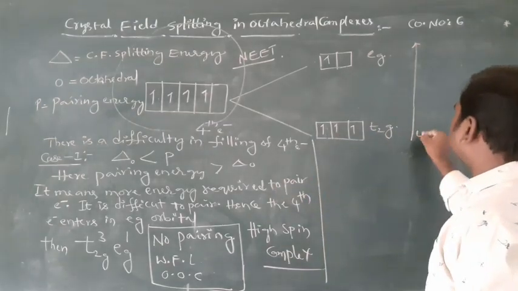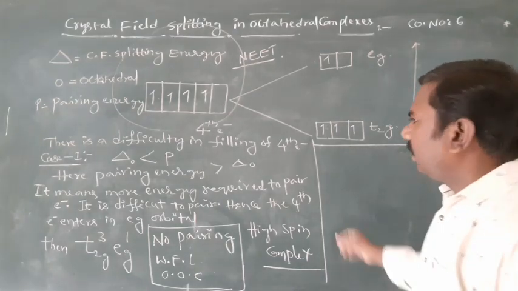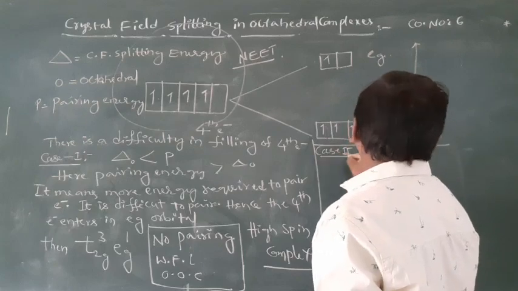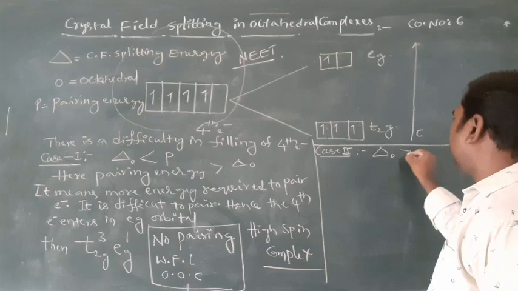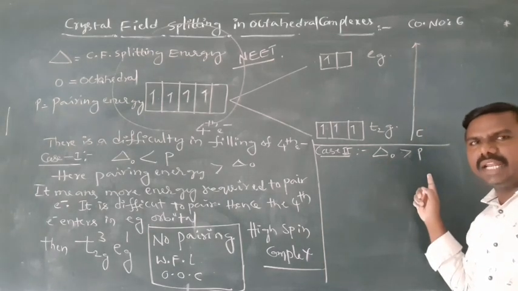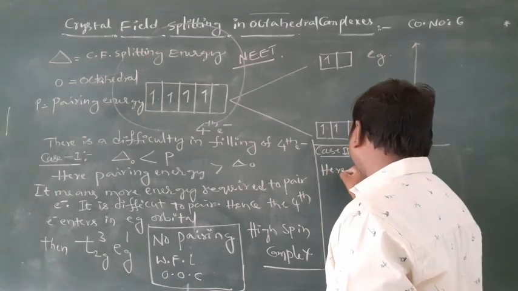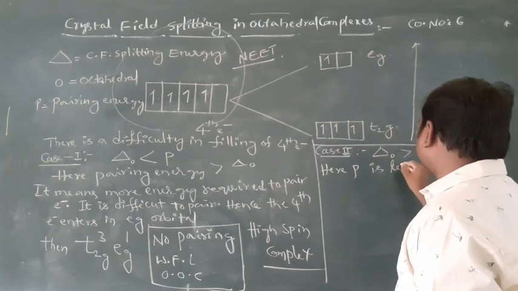The second case is case number 2. Delta naught greater than pairing energy. Splitting energy more than pairing energy. Pairing energy is less.